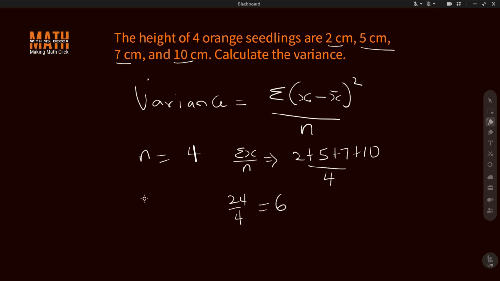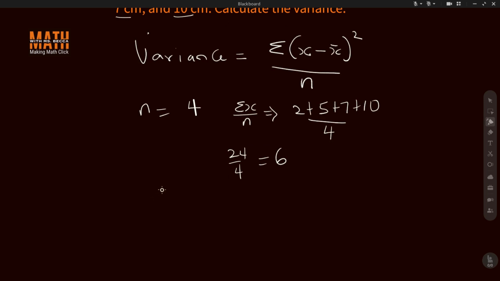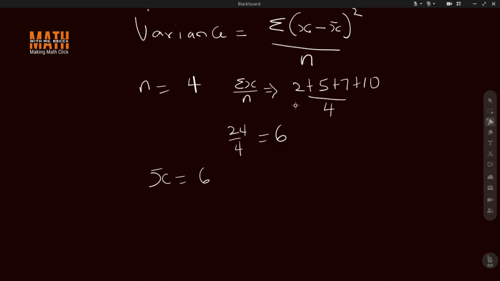So that means that the mean is 6. So now we can input this formula. For each x, we have to calculate x minus mean square. So the first x is 2.